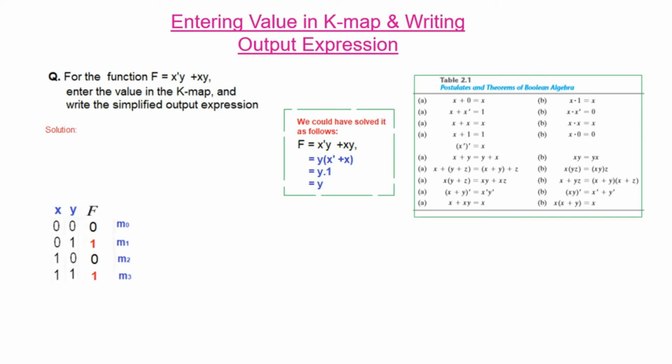Now x dash y means 0, 1, so 0, 1 is 1. And then xy is 1, that means 1, 1. So 1, 1 is 1. That means we can put in the boxes marked M1 and M3 the value of 1. So at M1 we put 1 and at M3 we put 1.